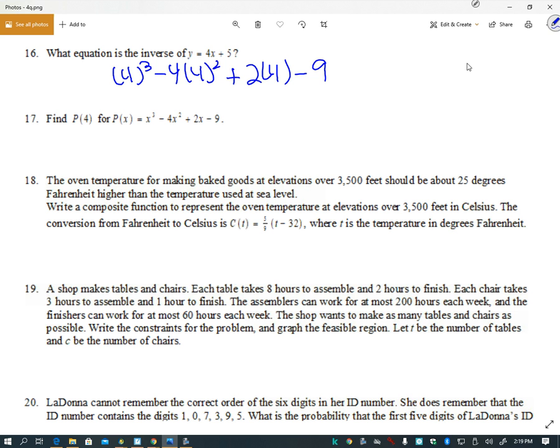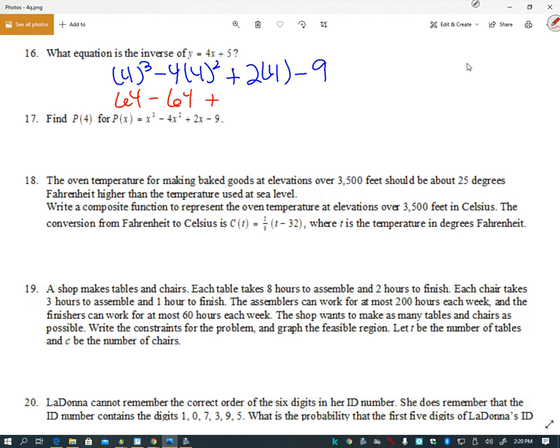Is that easier than maybe what some of you made it out to be? Did you find those? Still looking. Okay. All right, 4 cubed. 4 squared is 16. 16 times 4 is 64. Now, 4 squared times 4 is the same as 4 cubed, right? So wouldn't that just be minus 64?